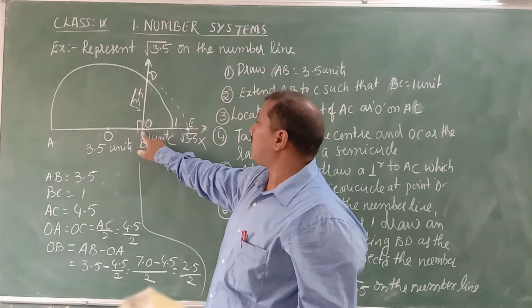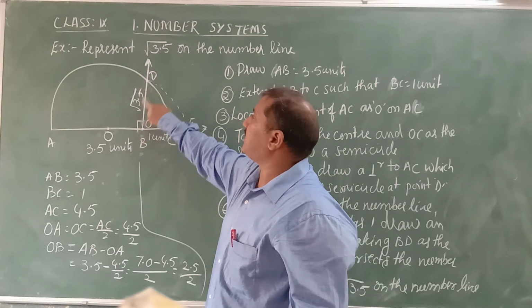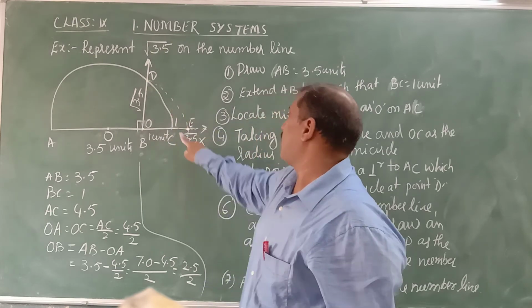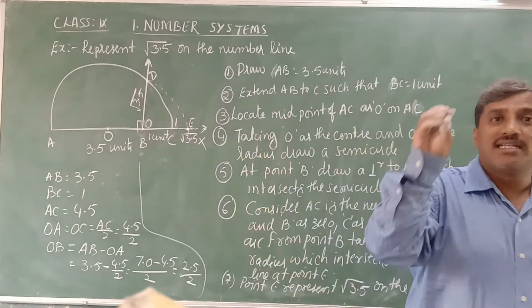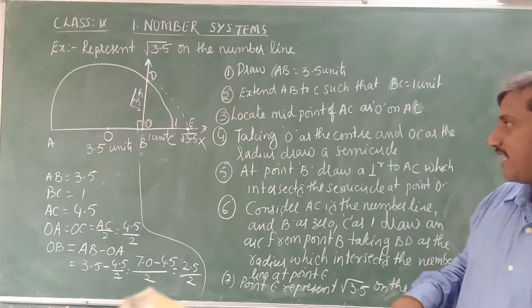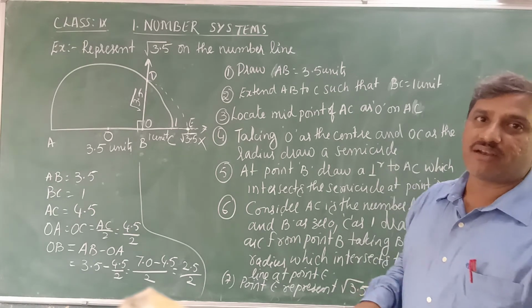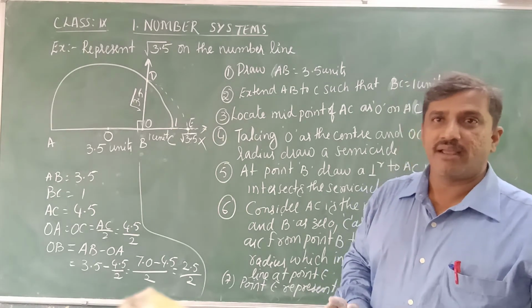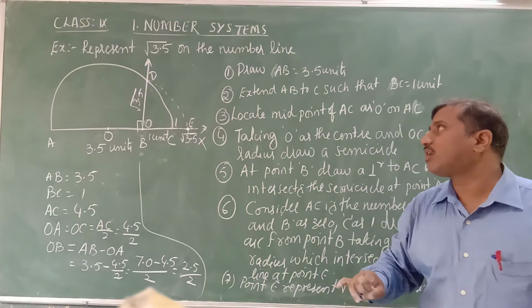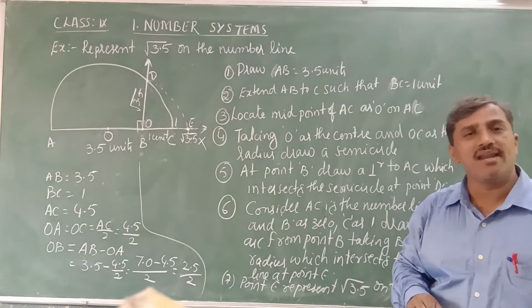Then consider point B as the center and BD as the radius. Draw an arc which intersects the number line. That intersection point will represent square root of 3.5 on the number line. Is it clear, children, how to represent root 3.5 on the number line?